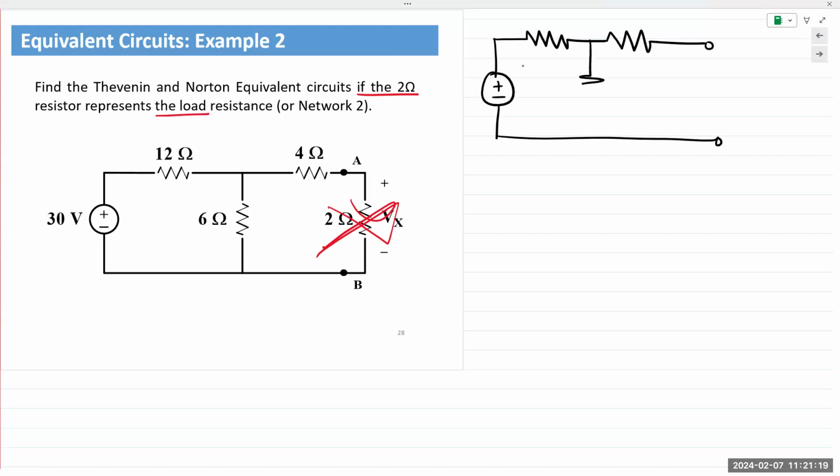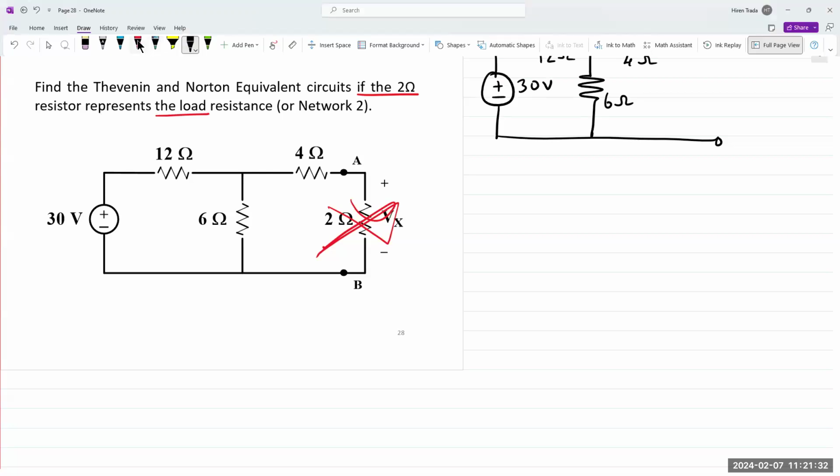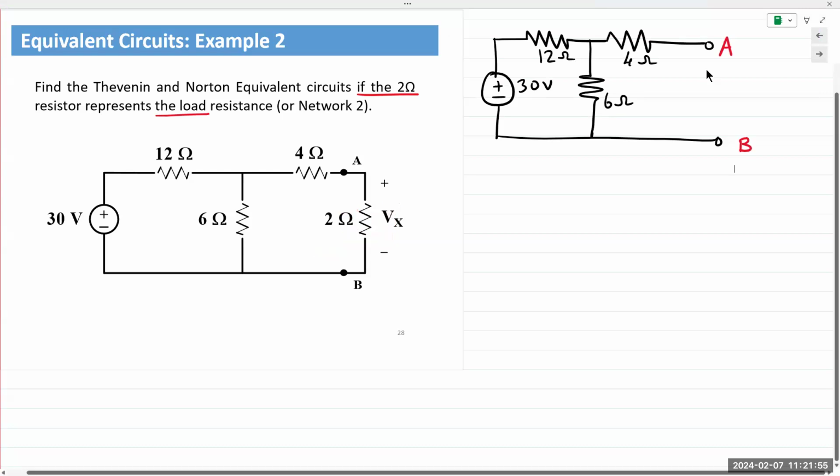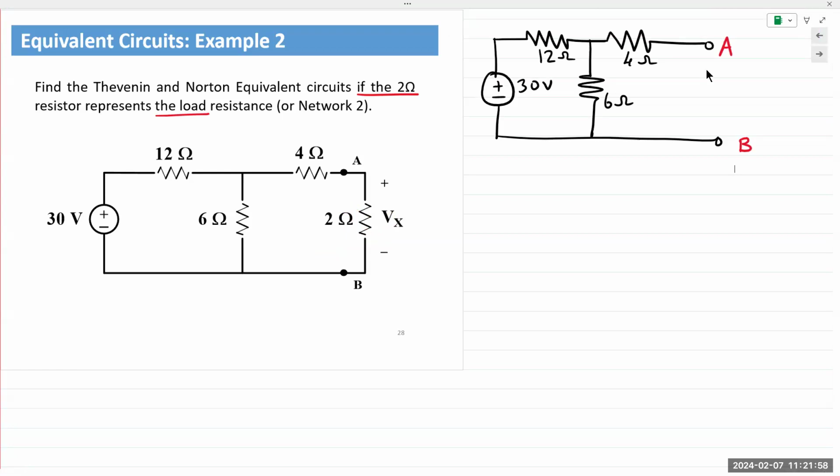The 2 ohm resistor is not part of the analysis, and so 12 ohms, 6 ohms, and 4 ohms with a 30-volt source, and my terminals of analysis are A and B. This would be the same thing as saying analyze the circuit between A and B, or find the Thevenin and Norton equivalent circuits from terminals A and B. So this would be considered the original circuit.